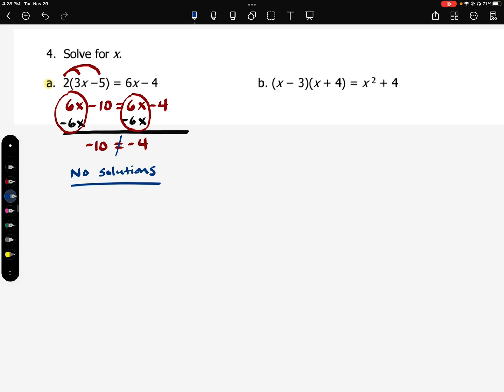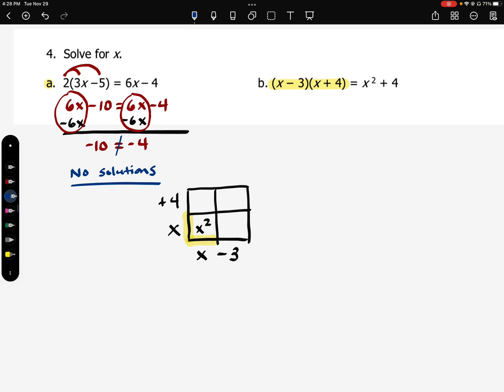All right, let's go on to B. For B, we have x minus 3 times x plus 4, and we say that equals x squared plus 4. So let's start with this left side here, and let's just use a little space over on the left to go ahead and multiply. We have x minus 3 times x plus 4. So we'll start out here with this x times x, which is going to give us x squared.